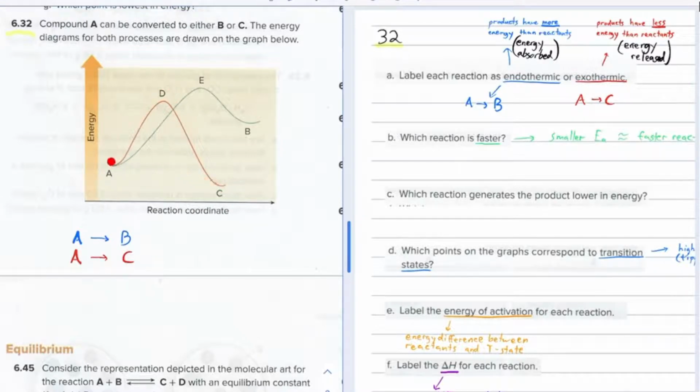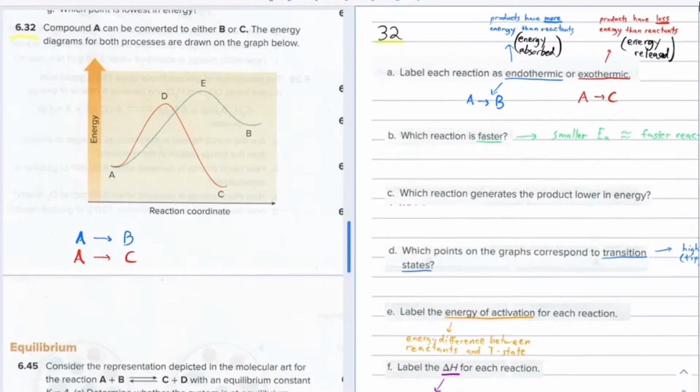You can think of that hill as a barrier that represents some change in the shape of the molecules, or maybe some difficult bonds that need to be broken before new bonds are formed. As energy starts going up, this is hard to do. It costs energy. But the size of the hill dictates how fast the reaction is.